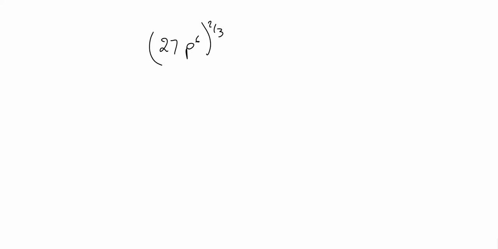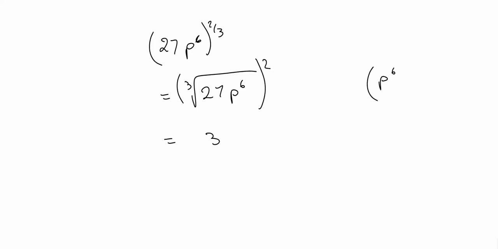Algebraic expressions can be simplified as well. 27p to the power of 6, to the 2/3, would be the cube root of 27p to the power of 6, squared, and the cube root of 27p to the power of 6 is the cube root of 27, which is 3, and the cube root of p to the power of 6, well, that's p to the power of 6 times a third, and we can multiply the indices.